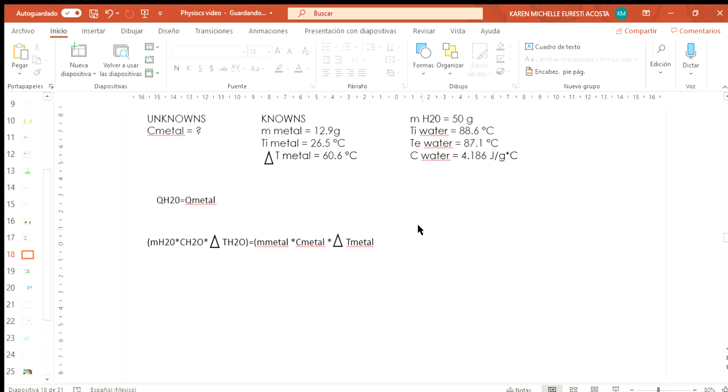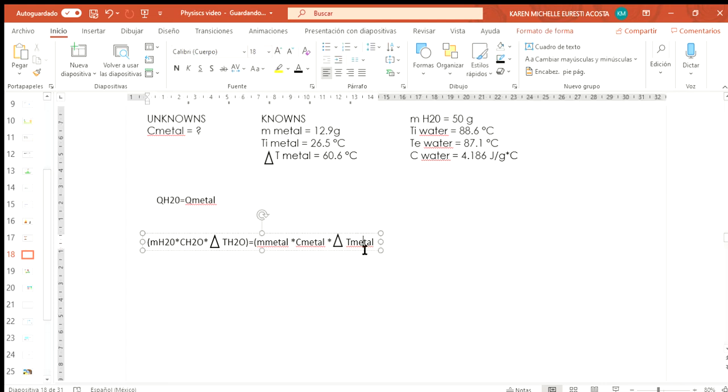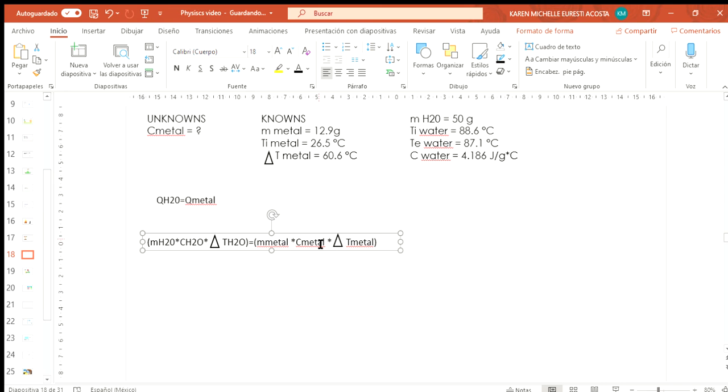We are going to clear this formula, so we can just leave the C metal alone so that we can get to the answer.